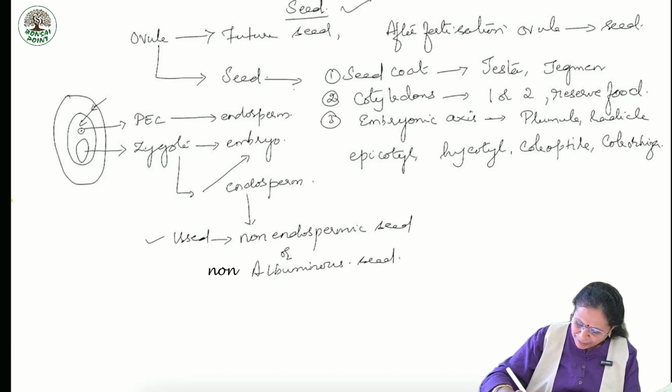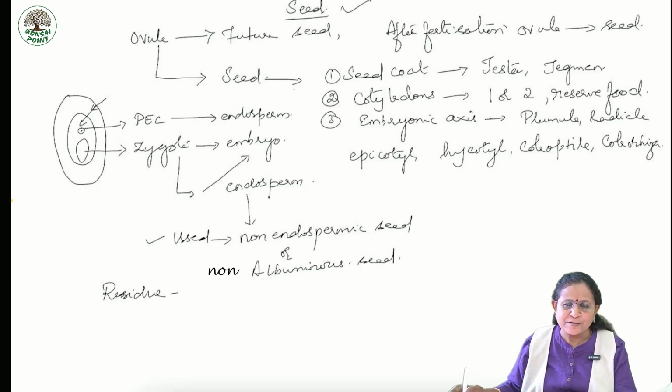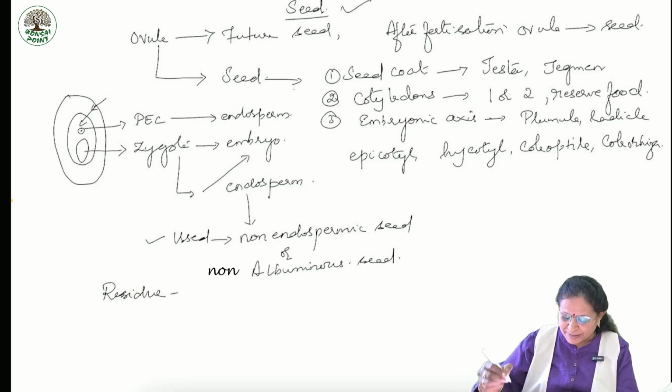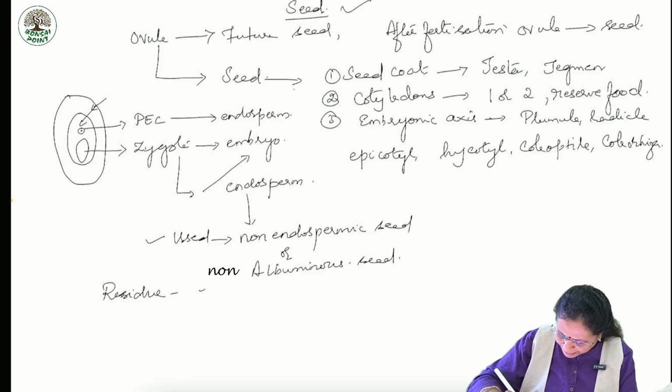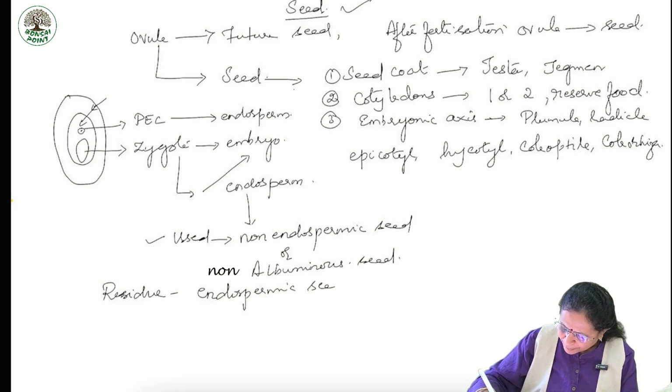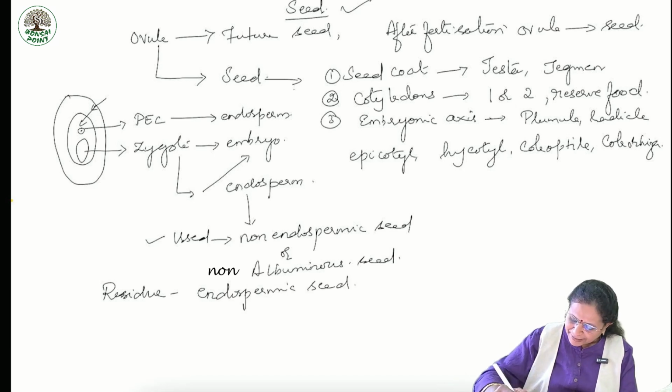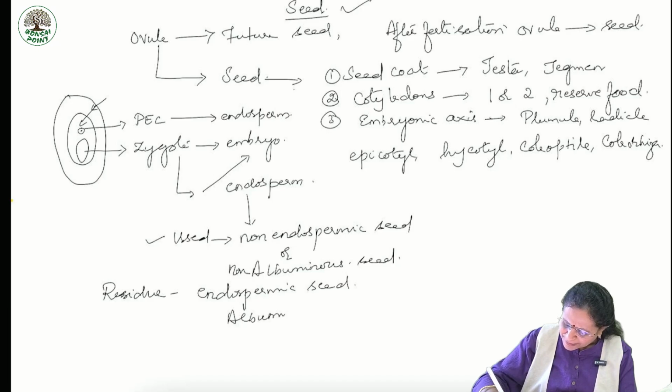But if the residue of the endosperm is still there, then I call the seed an endospermic seed, or albuminous seed.